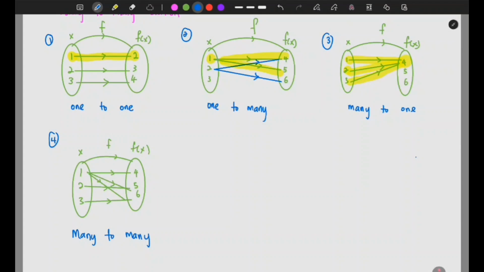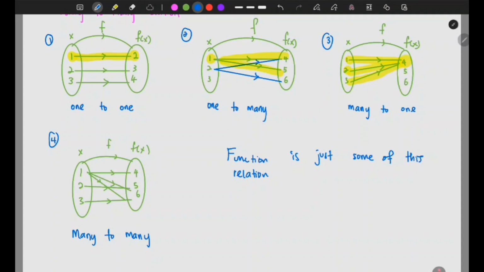So this is relation, but what is function? Function is not all these 4. Function is just some of this. Let me write down. Function is just some of this relation, but not everything.